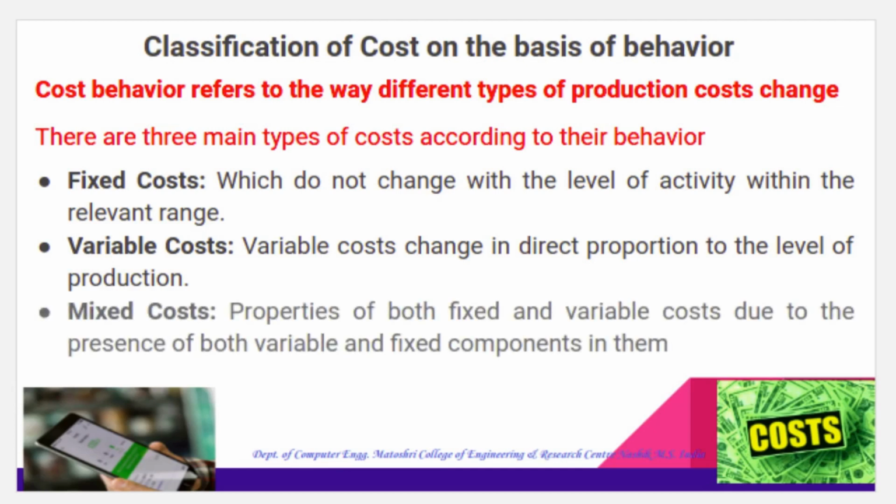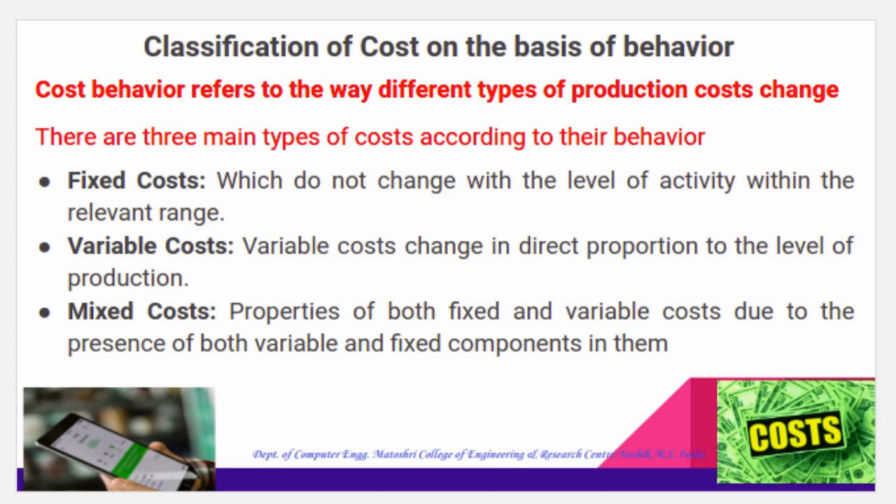After that, there is mixed cost. Mixed cost or semi-variable cost has properties of both fixed and variable cost, due to the presence of both variable and fixed components in them.